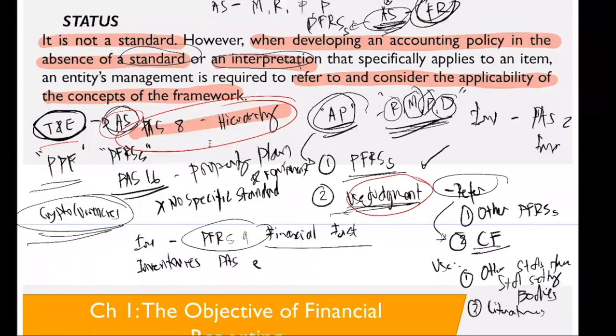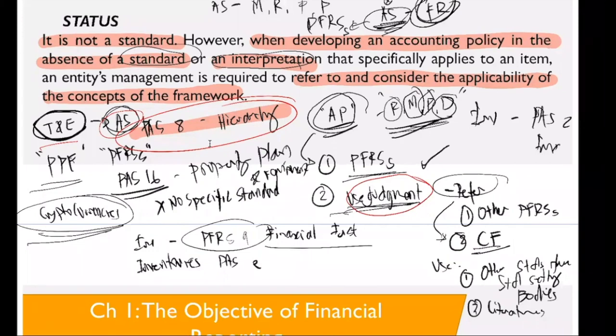So what are these other standards from other standard setting bodies? Okay, we know that our standard setting body is FRSC, and we adapted it from IASB. So what other standard setting bodies can we make use of? We can use US GAAP, or US Generally Accepted Accounting Principles, because US GAAP is a standard setting body also.